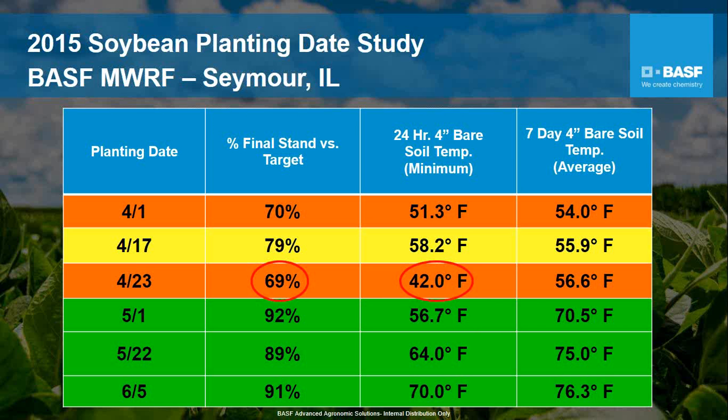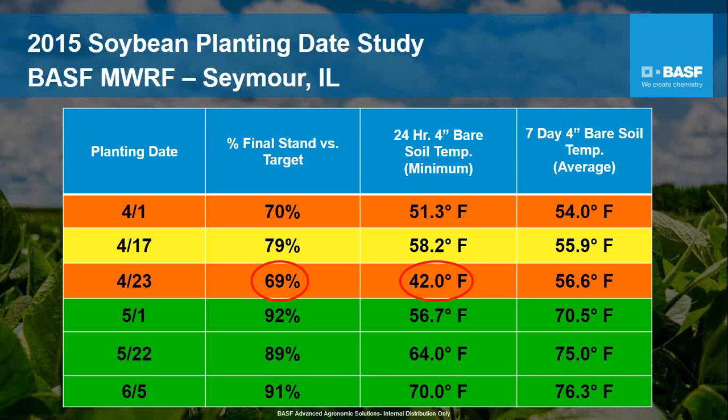So yes, we did lose 30% of our stand, but for an April 1st planting date, 70% of our stand is still probably enough to maximize yield. We'll talk a little more about seeding rates as we go through the presentation. But 70% on April 1st, we'd be pleased with that.